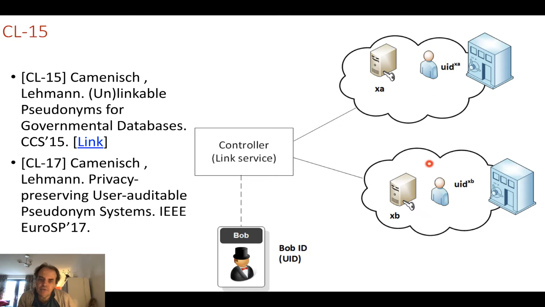It is not possible to link Bob across the two systems, and Bob will have complete control of the linking between the two systems. So this could be a government record, such as his healthcare record, and this might be his tax return here.